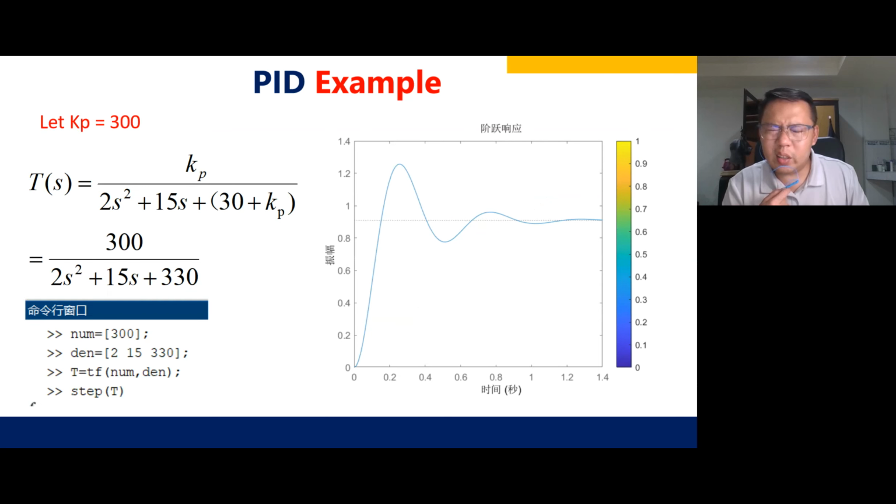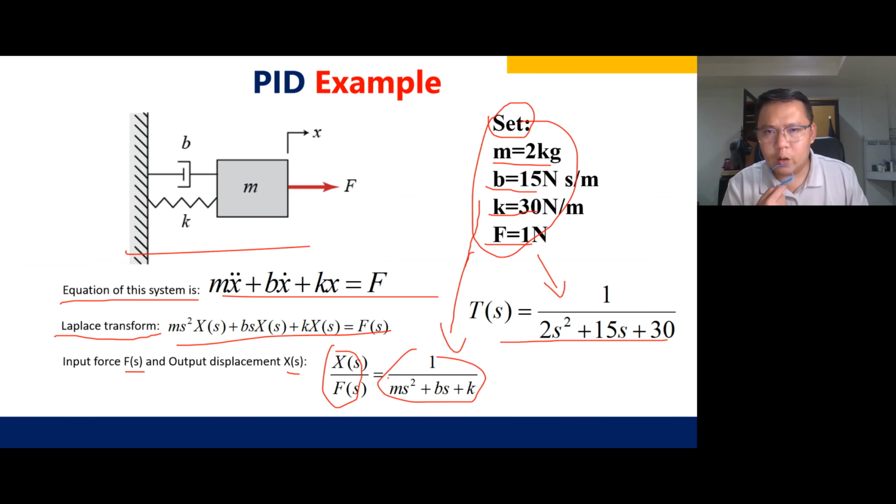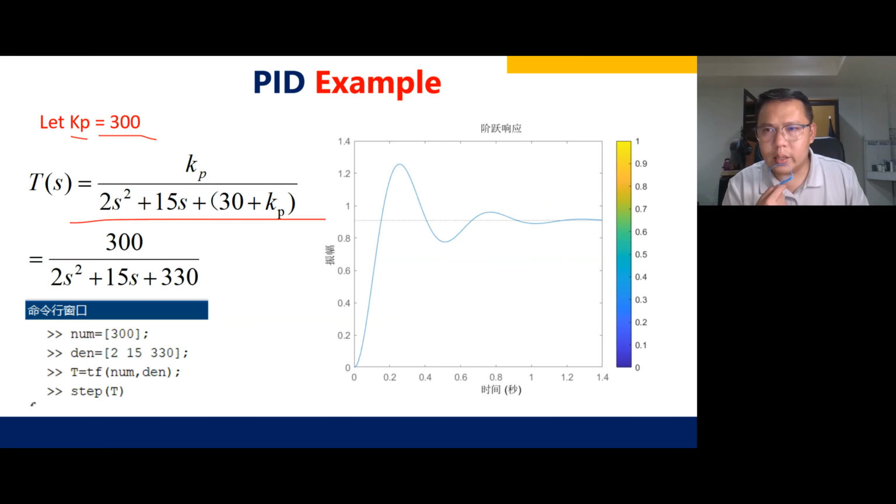So we can set the Kp equal to 300, and the expression becomes this. We can get the detail of this, plus the Kp equal to 300.